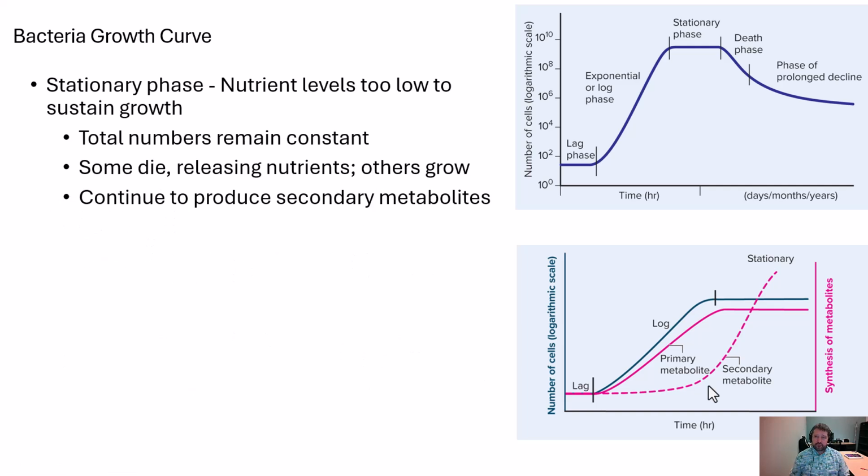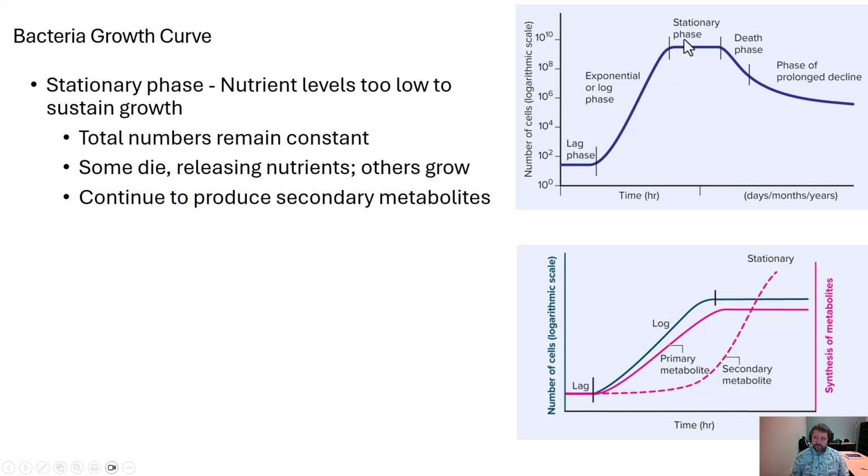The stationary phase is typically indicated by low levels of nutrients, so they've already used up most of the nutrients on the dish or in the tube, and they go into the stationary phase. The nutrient levels are too low for them to increase the population, so they kind of stabilize.